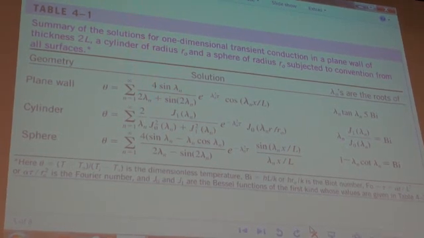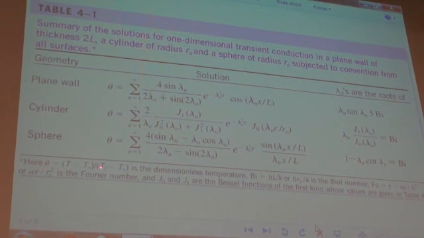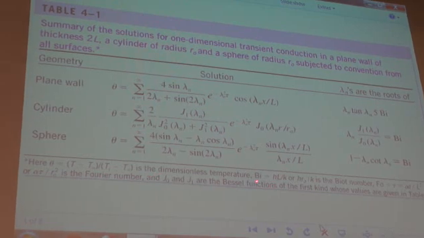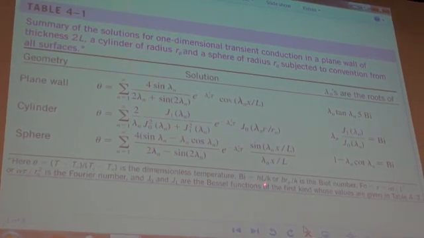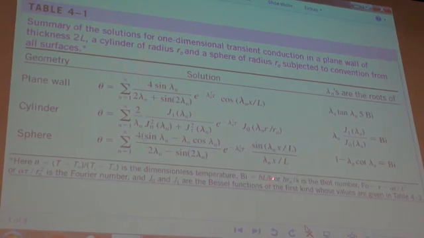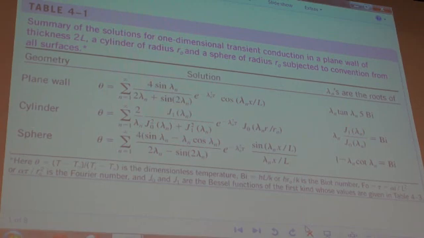Don't miss it. It gives you everything you need. It gives you the non-dimensionalized temperature. It gives you the Biot number. Take note, the Biot number is equal to H multiplied by L divided by K, or HR0 divided by K.